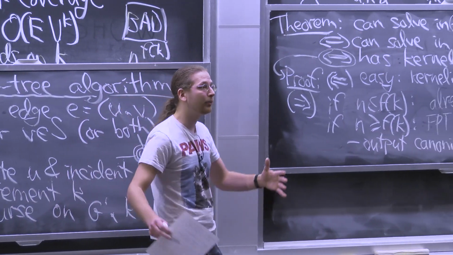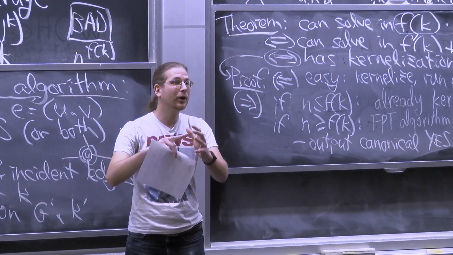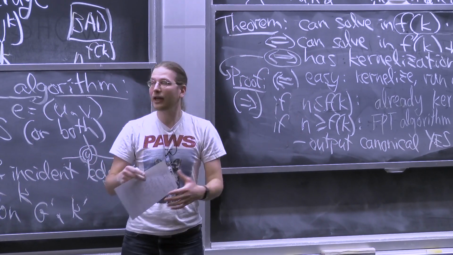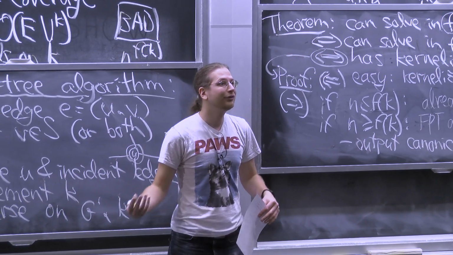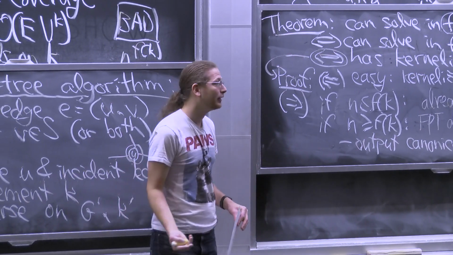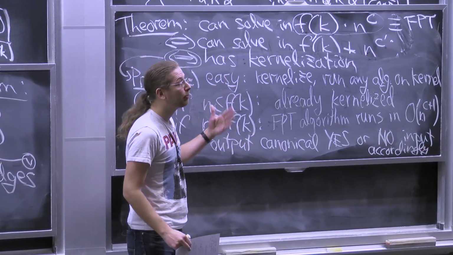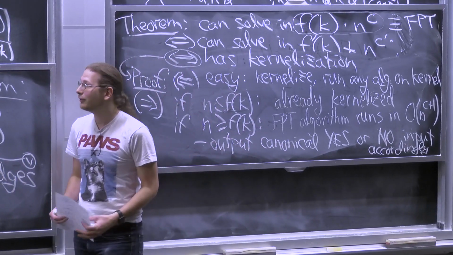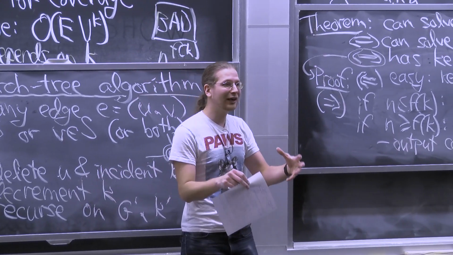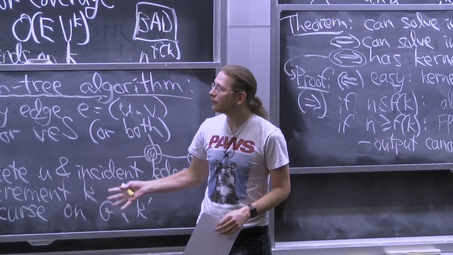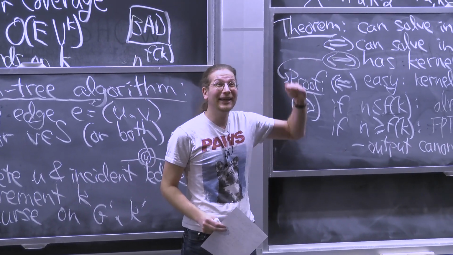It'd be nice if I start with something that's polynomial in n, and I reduce it to something that's polynomial in k, and then I run something that's exponential on that. But it will only be singly exponential in k, hopefully. Whereas if I use this kernelization procedure, if I apply it to vertex cover with one of these algorithms, I'm going to get a new thing whose size is exponential in k. If I run one of these brute force algorithms, I'm going to get something that's like doubly exponential in k.